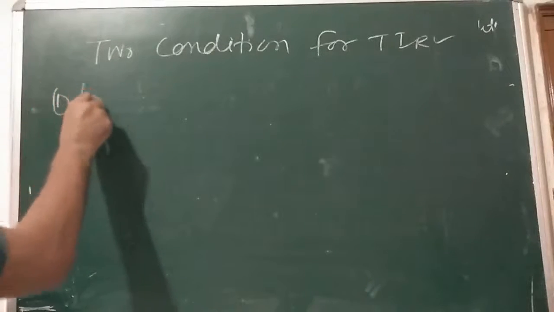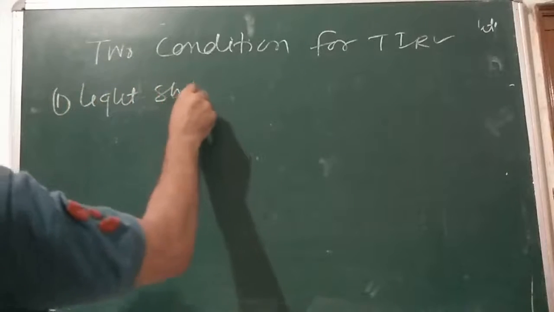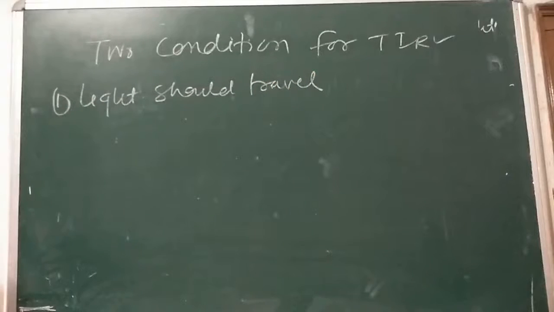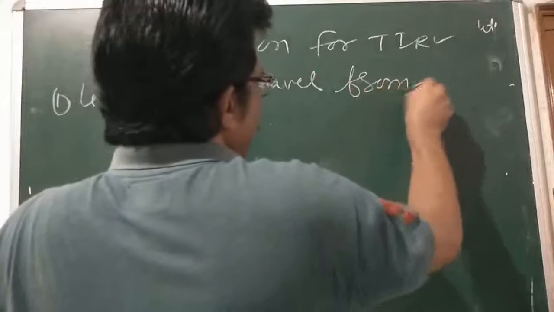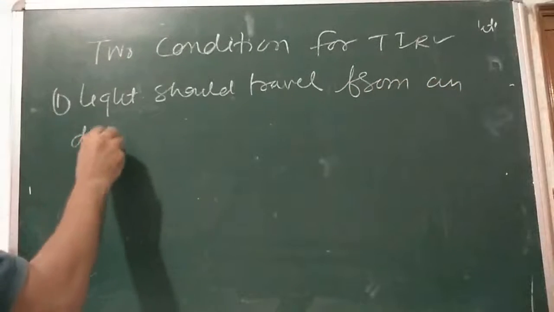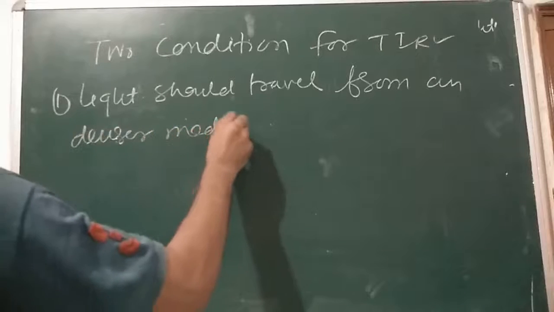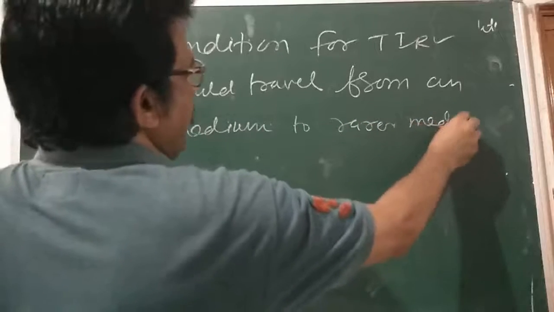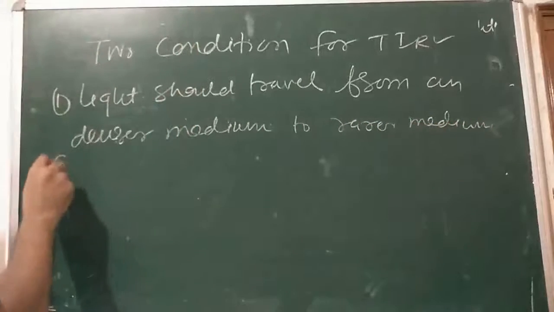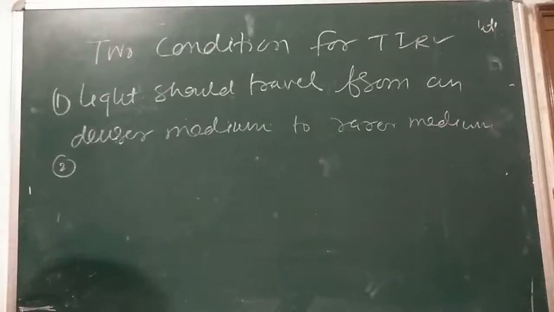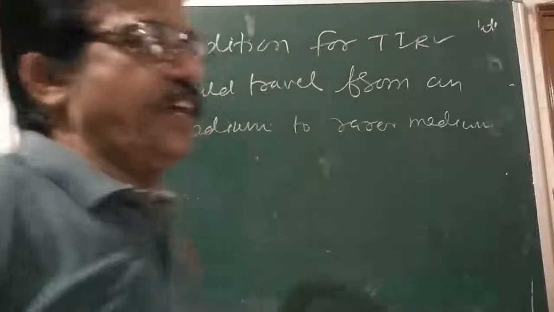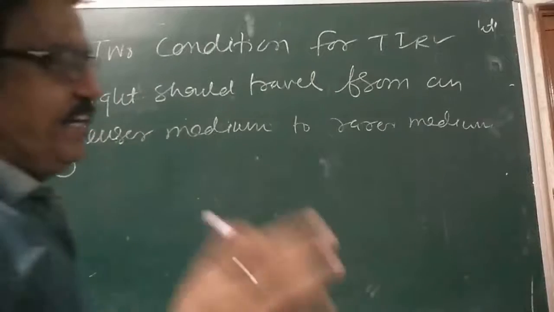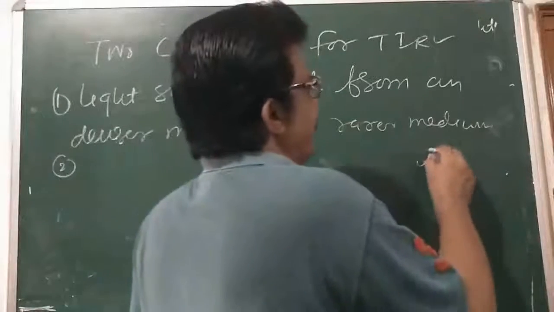Light should travel from a denser medium to rarer medium. And the second one is the angle of incidence in denser medium should be greater than the critical angle. I is greater than C.